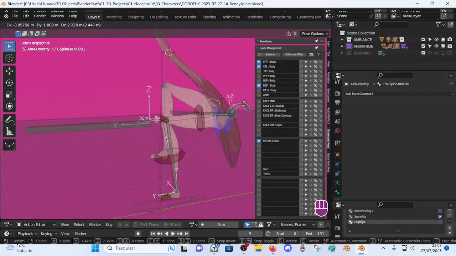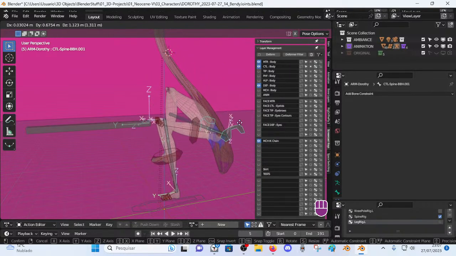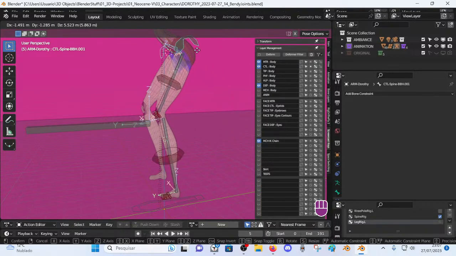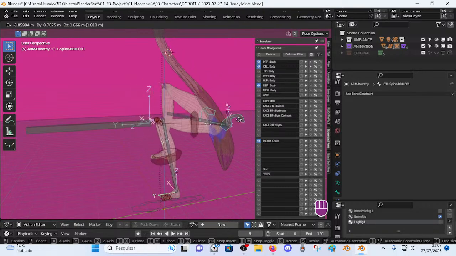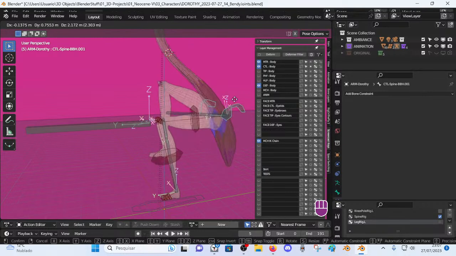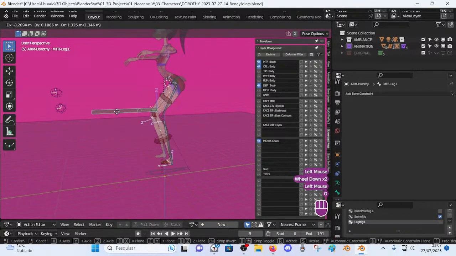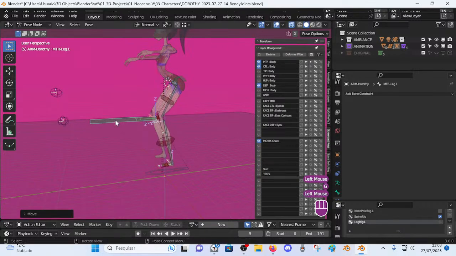That's an unexpected finding, right? But why does that happen anyways? Whatever. Does it have anything to do with the pole target?